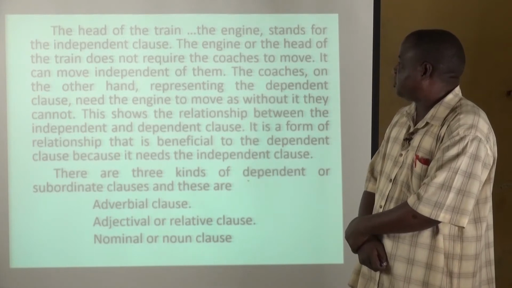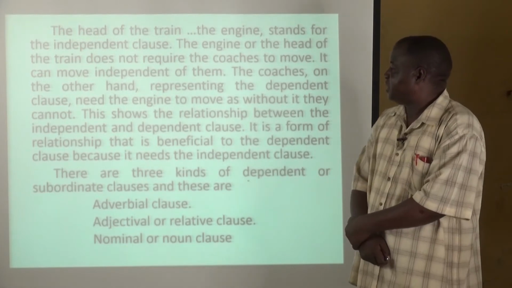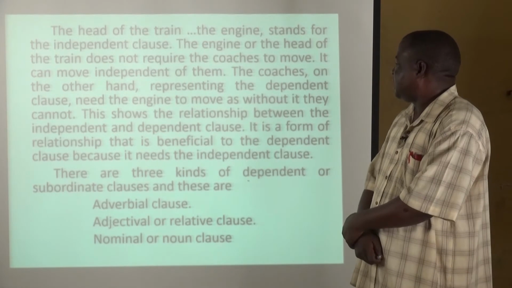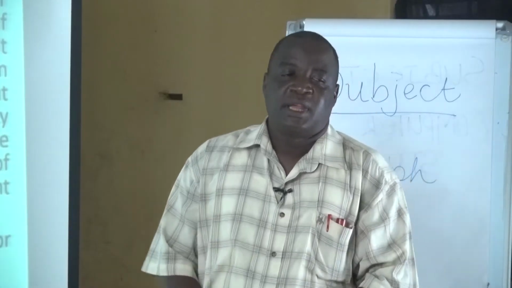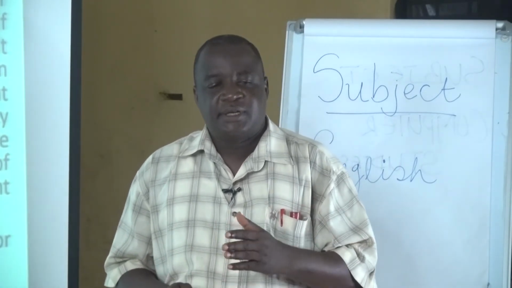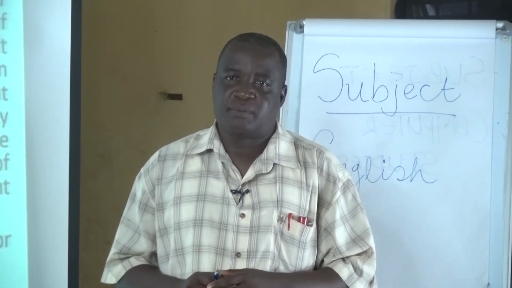This shows the relationship between the independent and dependent clause. It is a form of relationship that is beneficial to the dependent clause because it needs the independent clause to make sense.